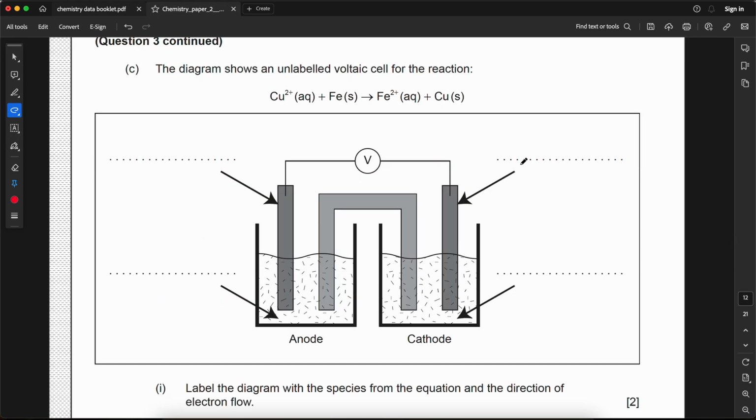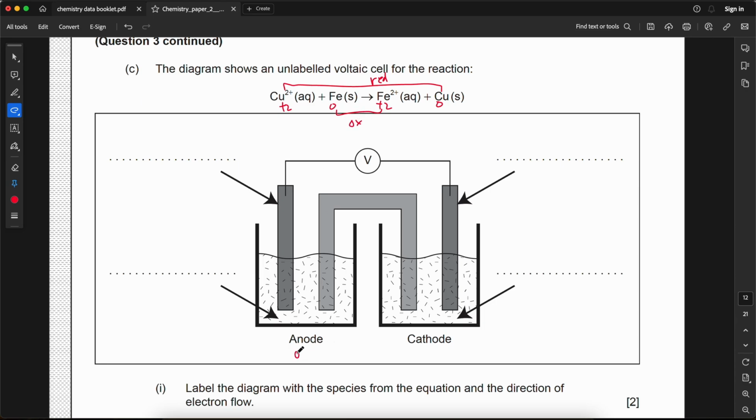The diagram shows an unlabeled voltaic cell for the reaction. For Cu2+, 0, 2+, 0. So for Cu2+, as you can see, it is reduction because of the reduced oxidation number, and for Fe it is oxidation.